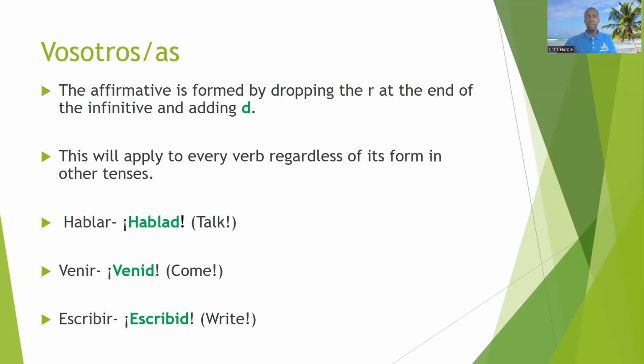So hablar, remove the R and we put D. If we're talking to more than one person that we know, we would say hablad, talk, hablad. Venir, venid, venid. Escribir, escribid. So we just remove the R from the infinitive and we add D. Simple.